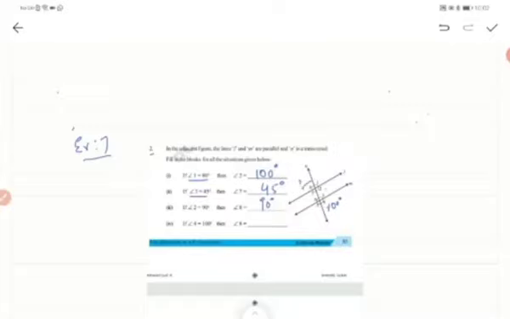First of all, tell me what are angle 8 and angle 4. Are they corresponding or alternate angles? Yes, they are alternate angles. Corresponding angles are angles which are on the same side of the transversal. Since these are alternate angles for the parallel lines, they are equal, so obviously here it will be 100 degrees.